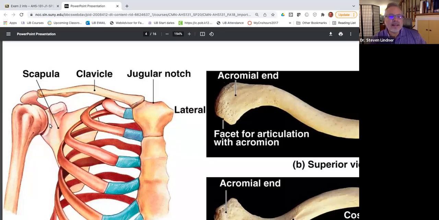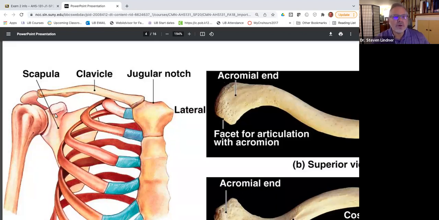So they call it the glenohumeral joint. That's the shoulder joint. Gleno is for this depression right here, which is called the glenoid fossa or glenoid cavity. And this part of the humerus is the head. So they call it the glenohumeral joint.